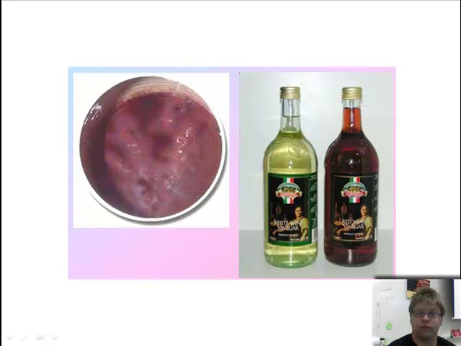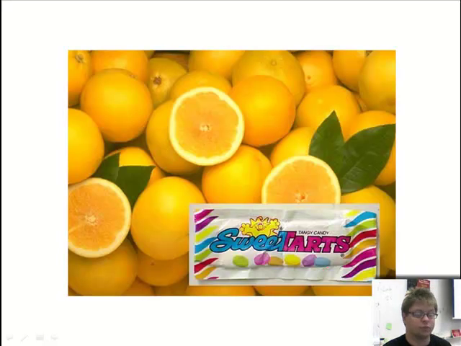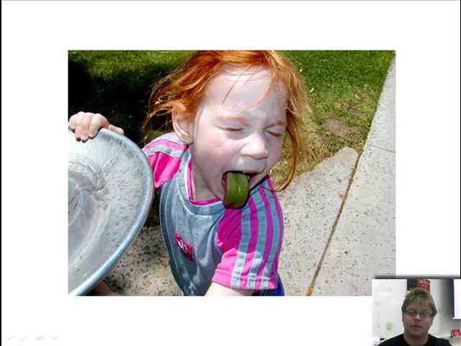Acids have been known about for many years, and the acid that's commonly talked about is vinegar, and vinegar has a sour taste. Other things that are acids include sweet tarts and lemons. Those are all acidic, they taste sour. As you can see, this girl ate a little too much sour candy.